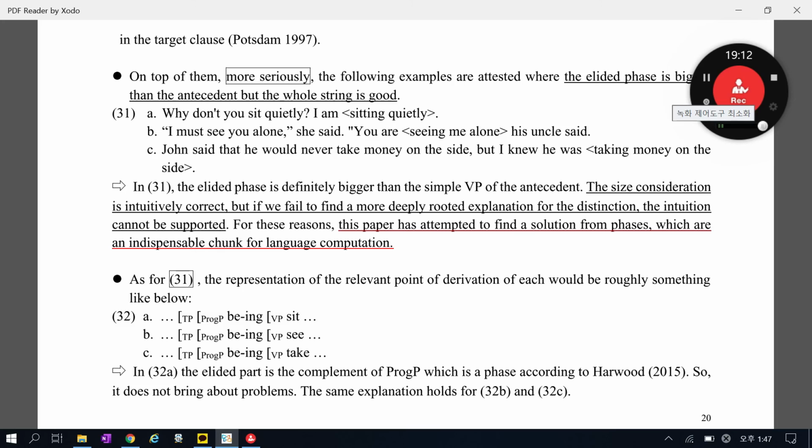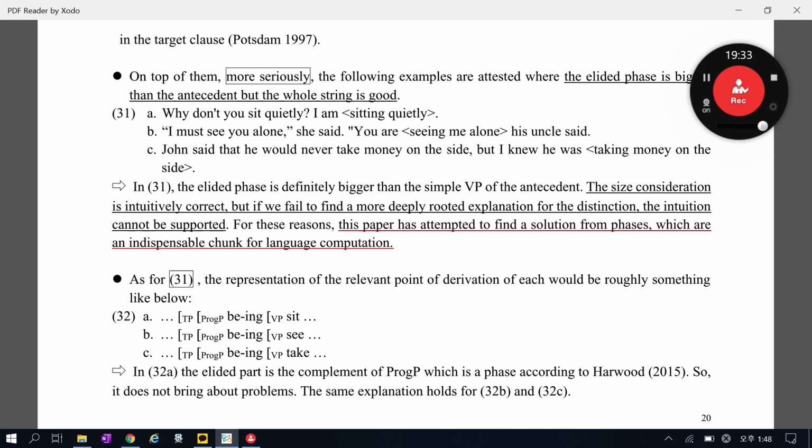Look at 31. The elided phrase is definitely bigger than the simple VP of the antecedent phrase. The size consideration is intuitively correct, but it fails to fit. If we fail to find a more deeply rooted explanation for the distinction, the intuition cannot be supported.